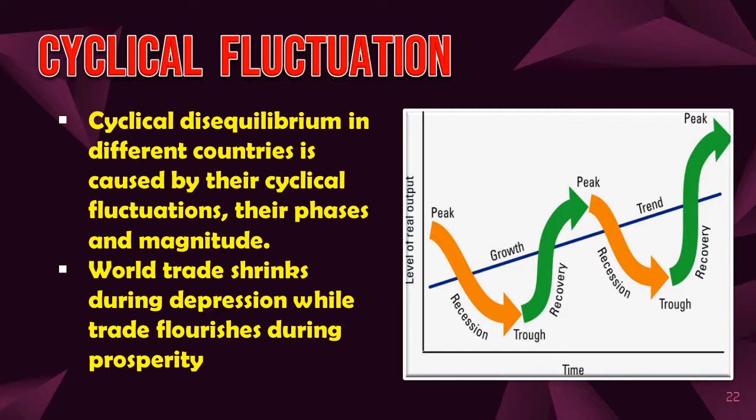One time it will be in the phase of peak, then it comes to the phase of recession, then it goes to the phase of trough, then it goes to the phase of recovery. It keeps on changing. So what happens during that time? World trade shrinks, that is, comes down during the depression time, and it will flourish, come up during the prosperity time. This is called a cyclical fluctuation. This is one of the causes for BOP disequilibrium.